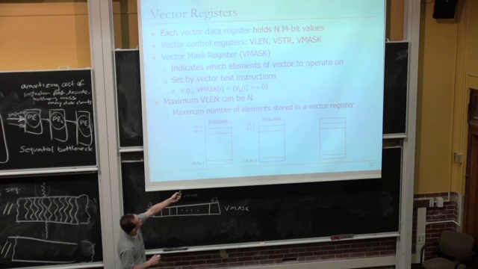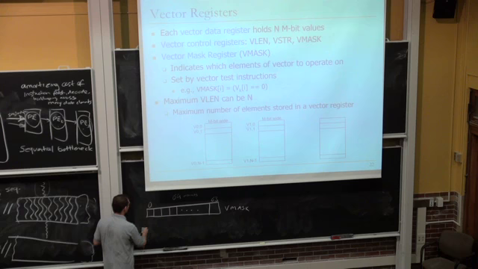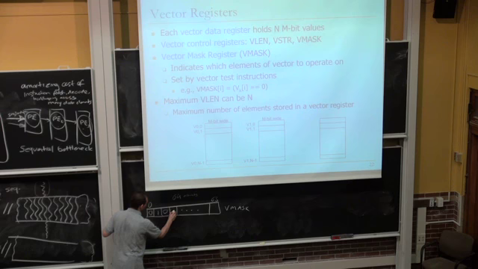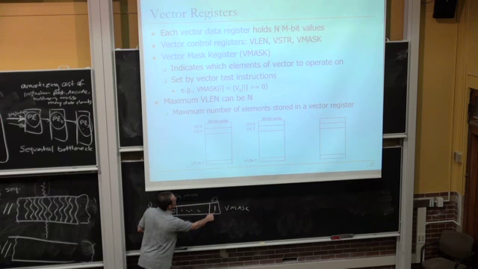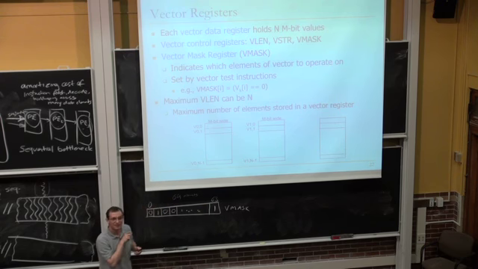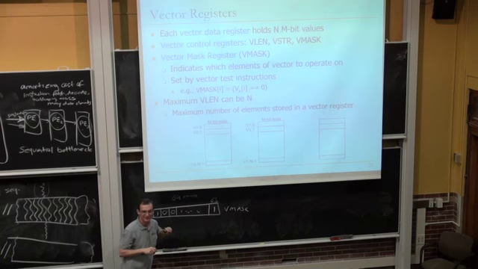Vector comparison. Each element in the vector is compared to 0. And depending on the comparison, this mask is set. 0, 1, 0, 0, let's say 1. When the 1 is set, that means the comparison is true, right? Those elements are 1.